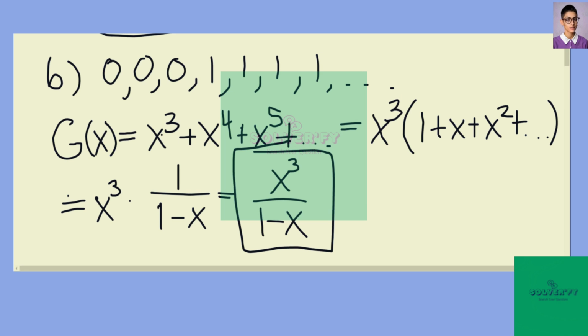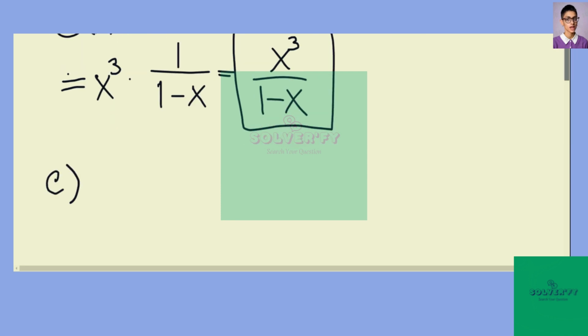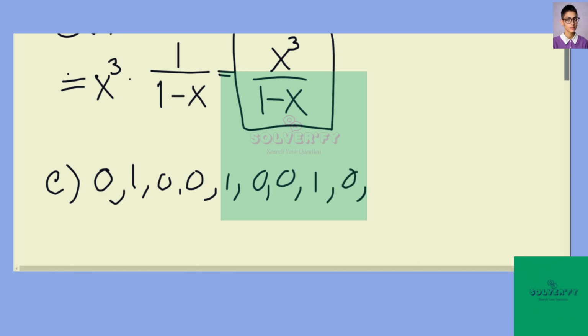In part C, we're given the sequence 0, 1, 0, 0, 1, 0, 0, 1, 0, 0, 1, and so on.